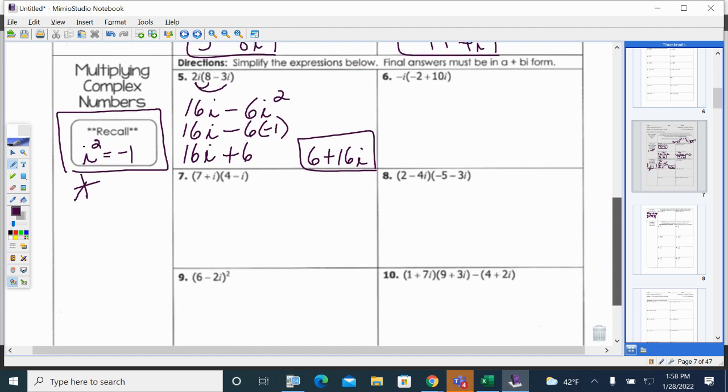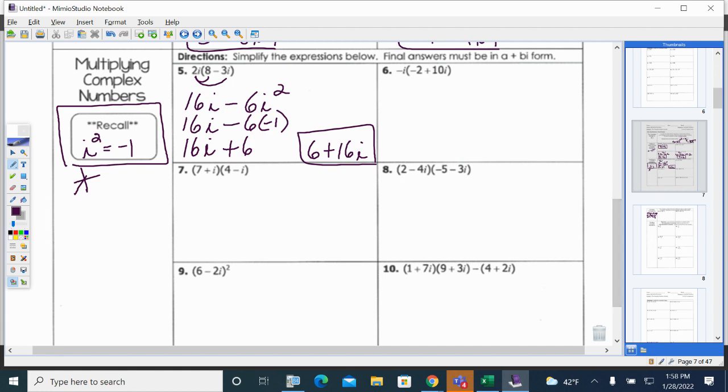Let's jump down to example number 7. You have a binomial, 7 plus i is a binomial, times another binomial, 4 minus i. Some of you might have had an Algebra 1 teacher that used the acronym FOIL, first, outer, inner, last. Some of you may have just had a teacher that said use the distributive property. Either way, it works exactly the same.